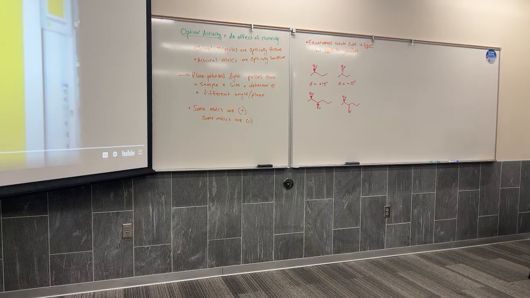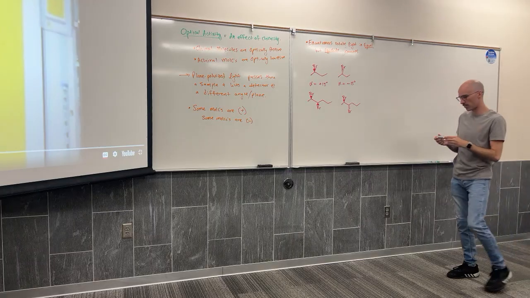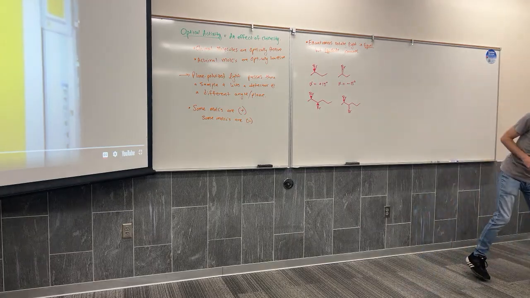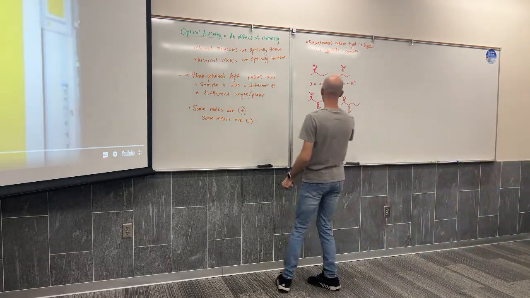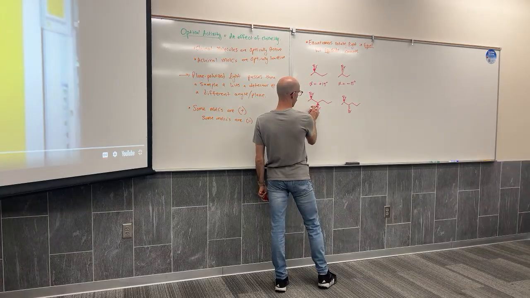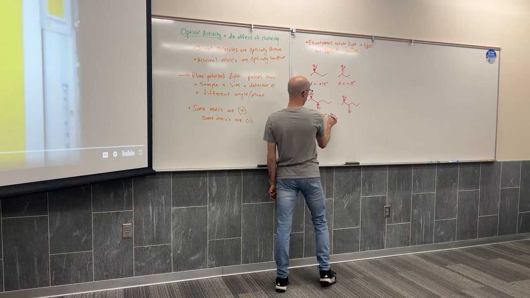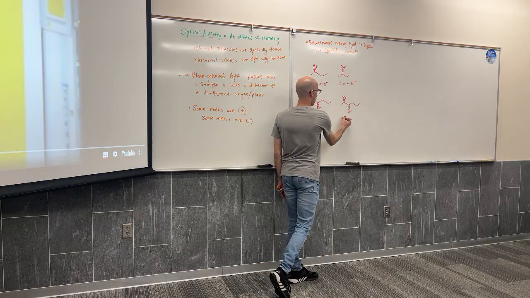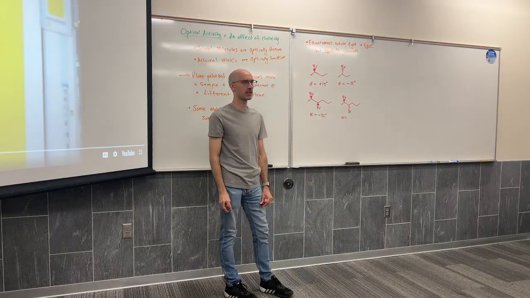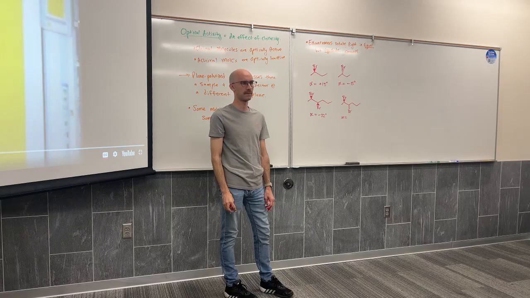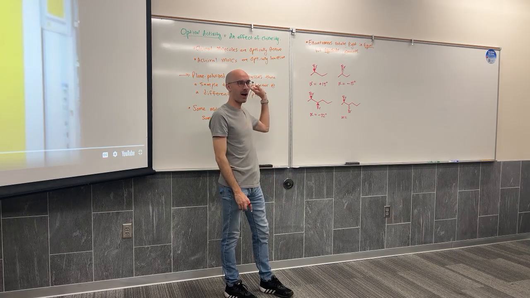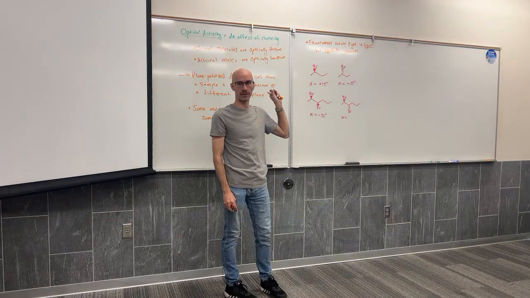What's their relationship? These are diastereomers. Good. Are they going to rotate light equal and opposite amounts? Let's put a value up here. Let's say that the rotation for this compound on the left is negative 32 degrees. Can we predict the rotation of this diastereomer? They have no optical relationship to each other.